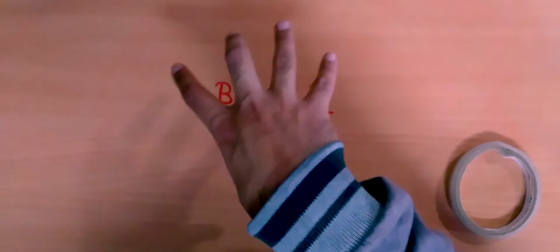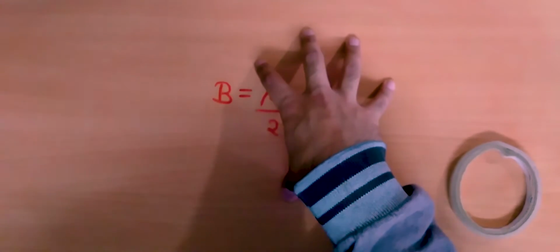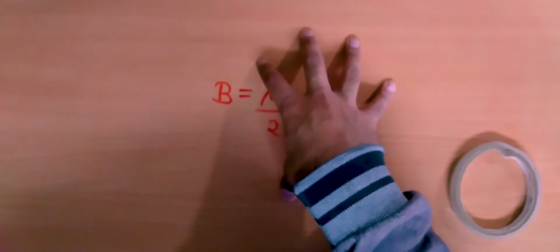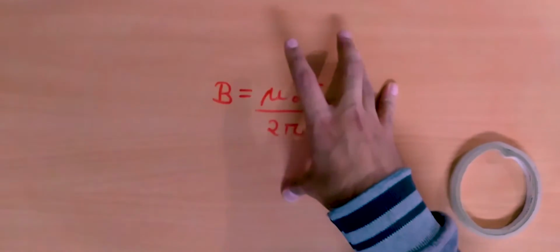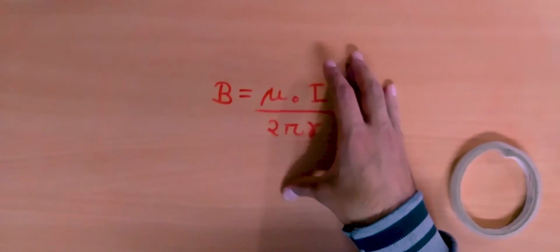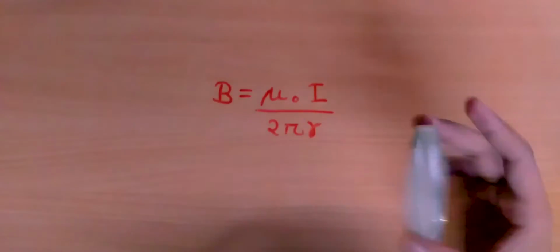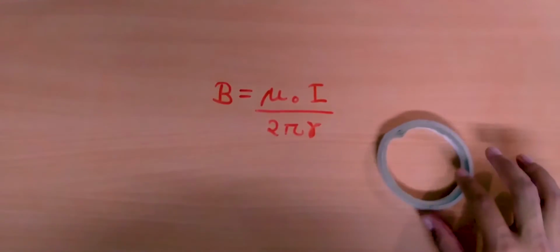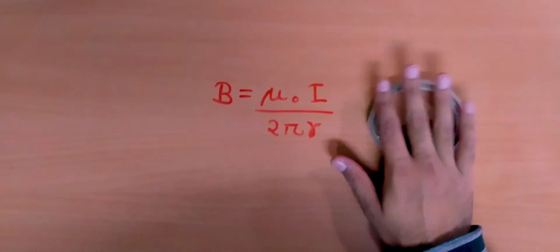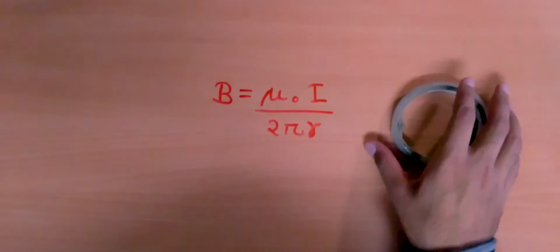But when it comes to the numerical part of it, this is the main expression that you need to keep in mind. In case of a circular loop being taken around a current carrying conductor, where the magnetic field along the whole circular loop is constant at all points, the magnetic field would be given by this expression.